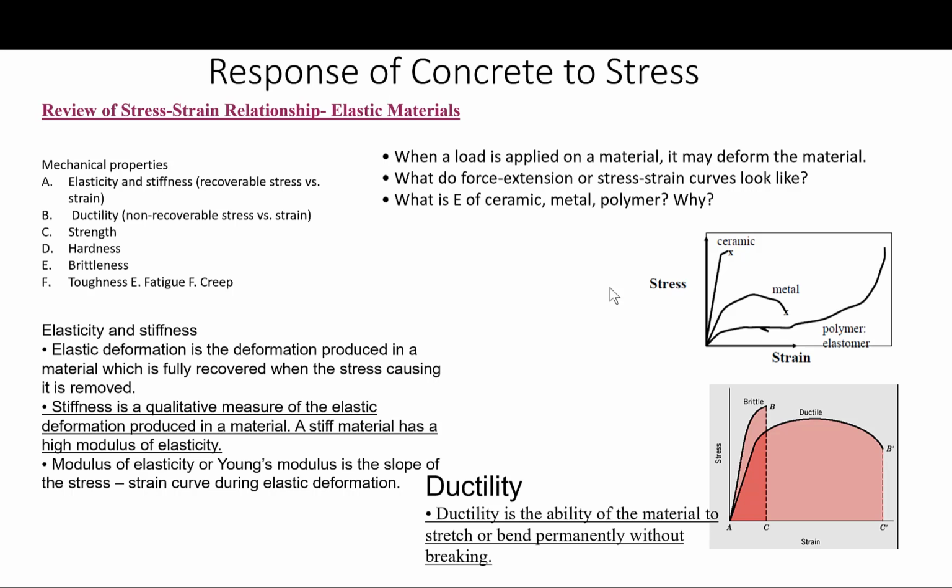Okay, so what are the mechanical properties of a material that would be of interest from the viewpoint of an engineer? Basically, as we said, we have the elasticity and stiffness, recoverable stress versus strain, ductility, which is the non-recoverable stress versus strain, as we'll define here, strength, other terms like hardness, brittleness, toughness, for example, and fatigue.